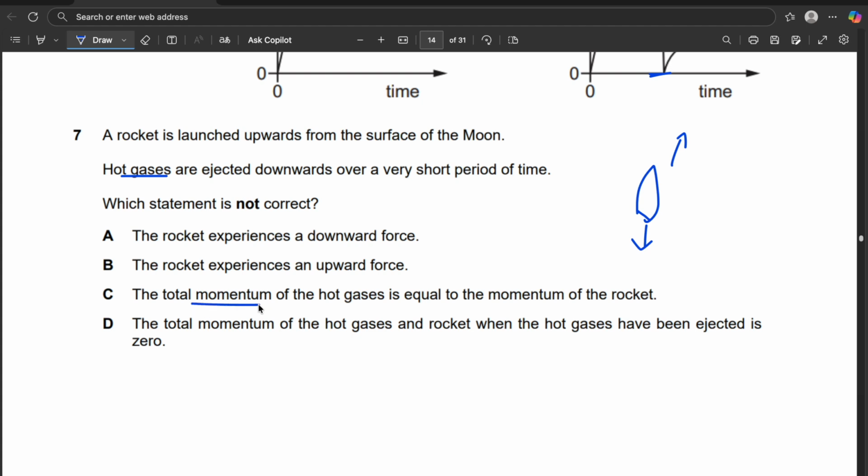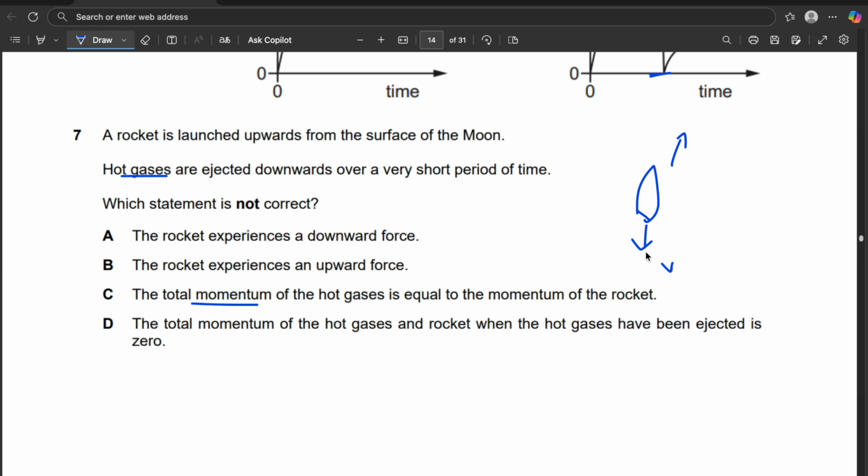So momentum is a vector quantity, so you need to consider the direction. And the hot gases will have a momentum in the downward direction, but for the rocket it will be in the upward direction. So this could be the answer. D, the total momentum of the hot gases and rocket when the hot gases have been ejected is 0.